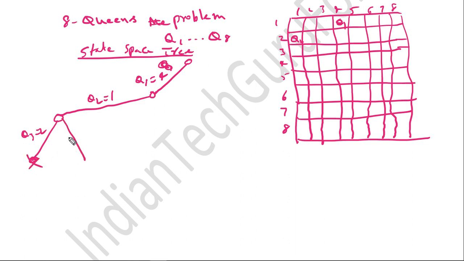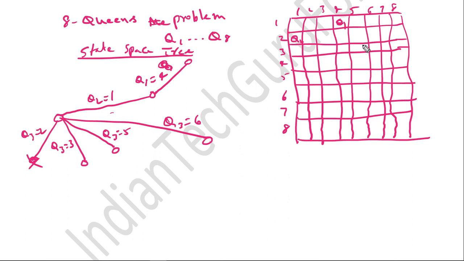Now try to place it in the third location. If you try to place it in the third location, there is a diagonal clash, so it is also not possible. Q3 equal to 3 is also not possible. 4 is already taken. Next, Q3 equal to 5 is also not possible, because diagonally there is a clash. So Q3 equal to 6 is possible.